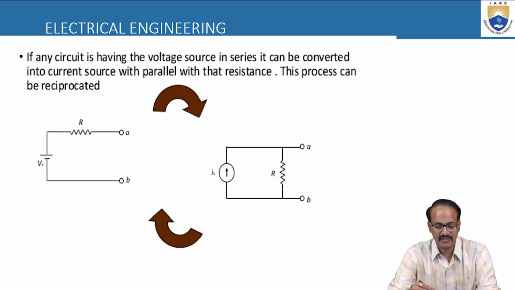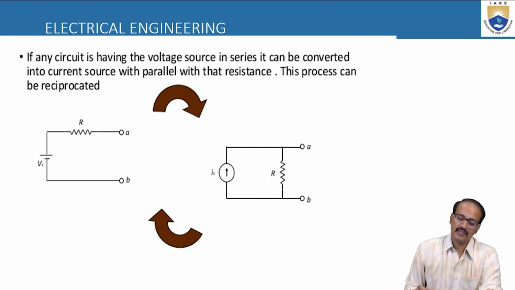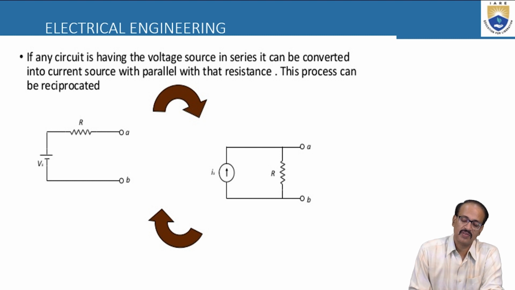So if you find any network where there is a voltage and there is a resistance in series with the voltage, I can transform this as a current source in parallel with the resistance. Or if I find the current source in parallel with the resistance, I can transform it to a voltage in series with a resistance.